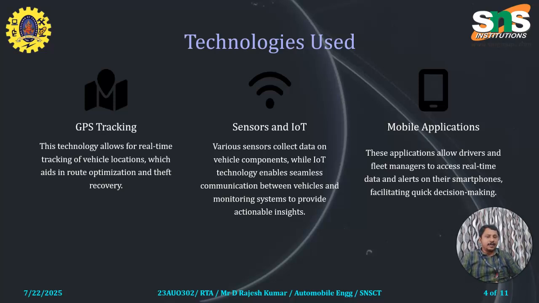For example, if a husband and wife are using the same vehicle, they can see where the vehicle is, how they drive, whether they reached home or the office. These kinds of data can be tracked using the mobile application. So this is how the vehicle monitoring system is used in vehicles nowadays. It is a very important system to enhance safety.